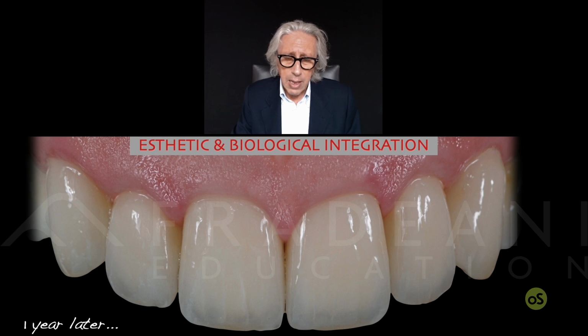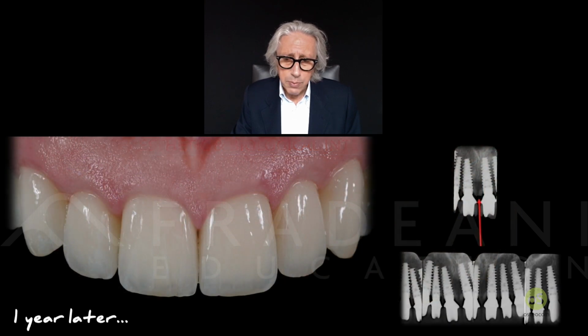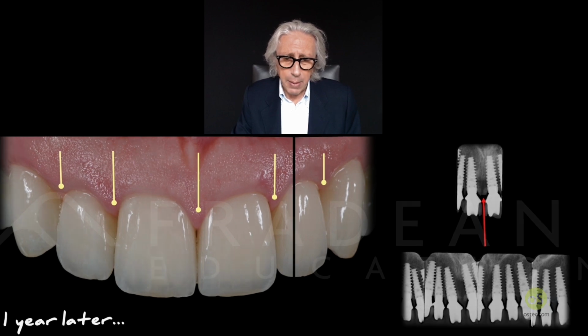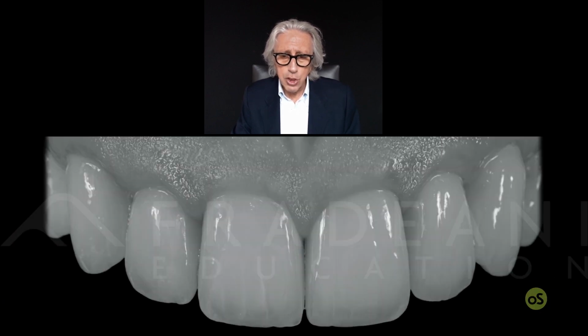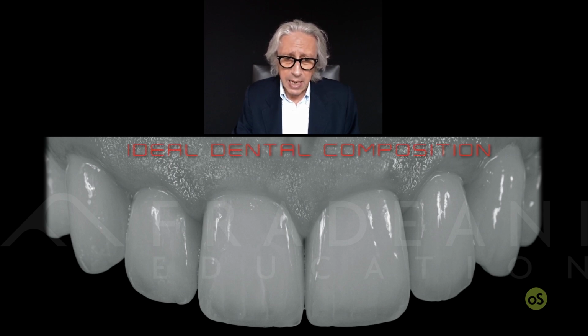But once more, I would like to analyze with you, after having checked also the X-rays showing the interproximal bone peak level that remained perfect between the teeth, between the implants, some growing of the papillae, and again showing, as I said, the ideal dental composition that was achieved even in these very complicated cases.